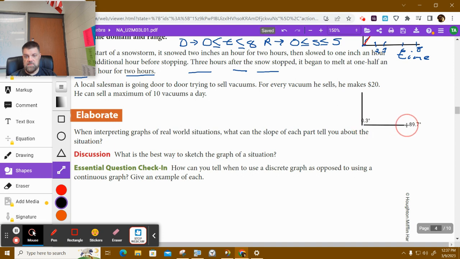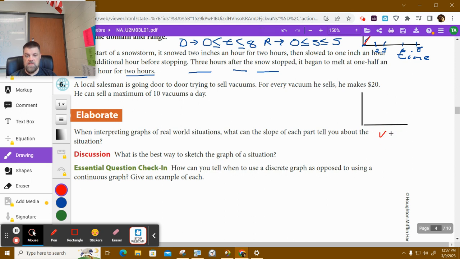And then I think we're going to do the number of vacuums here, and then how much money he makes. We'll say profit. And it says that he makes $20.